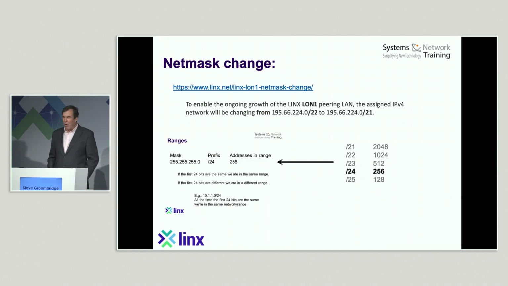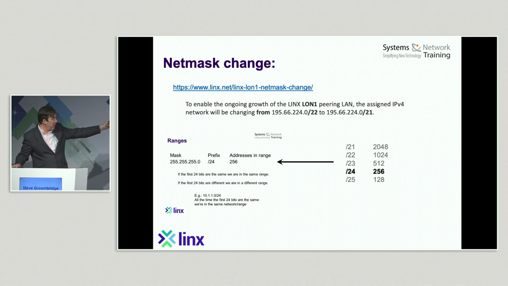So here's one of the things that was mentioned a bit earlier today. So it's a revision section, and basically there's a link there that you can always follow, but things are changing from a mask of /22 to a mask of /21. Now, what we've actually done here is on the left-hand side, there's a slide from one of our courses.